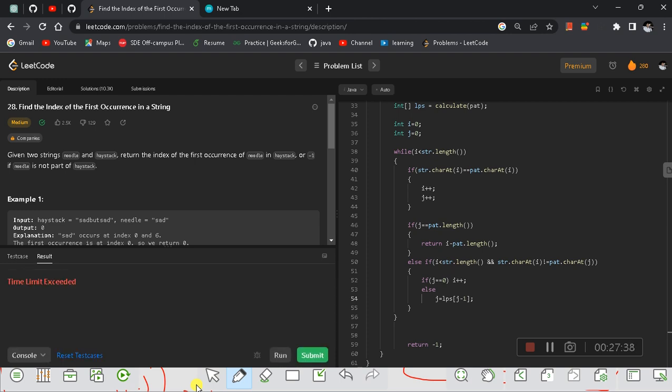Let me even explain here. Why is it showing time limit exceeded? Just see here, it's saying that if j is equal to 0, then just do i plus plus, and else do j is equal to LPS of j minus 1. Then what's wrong with this?